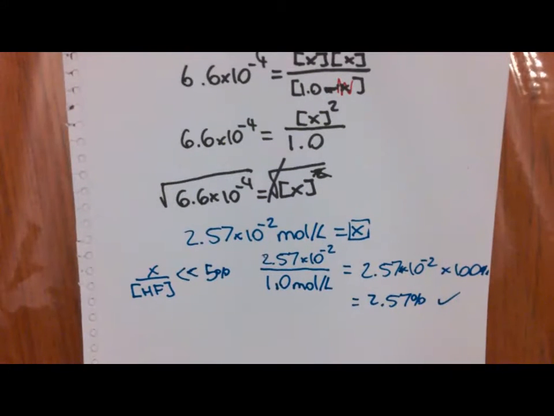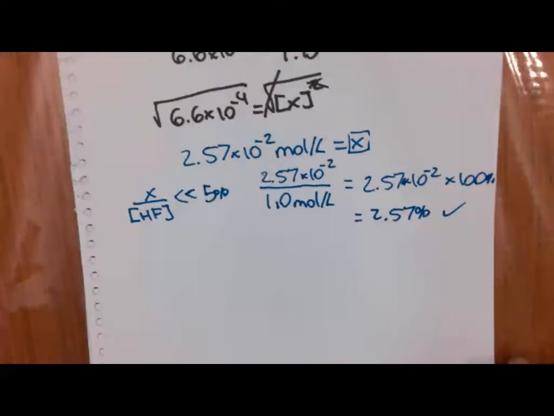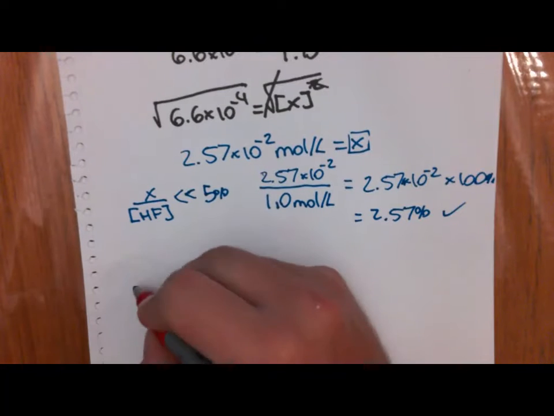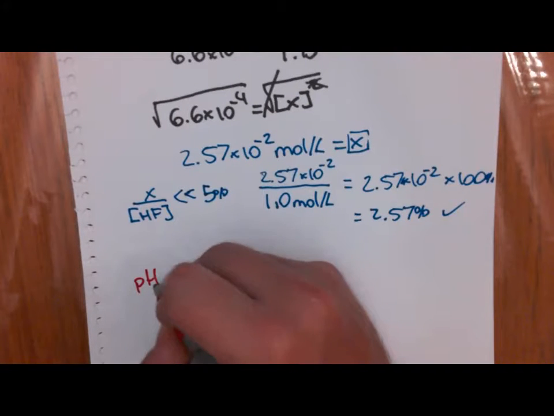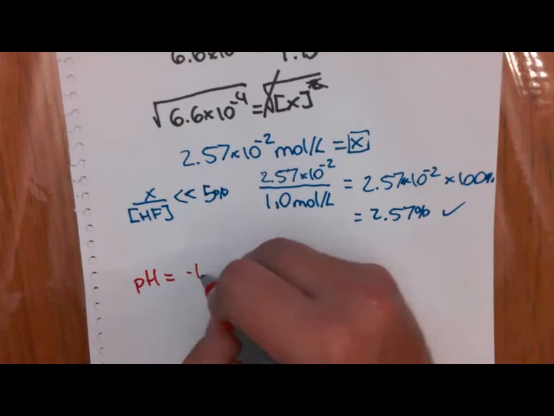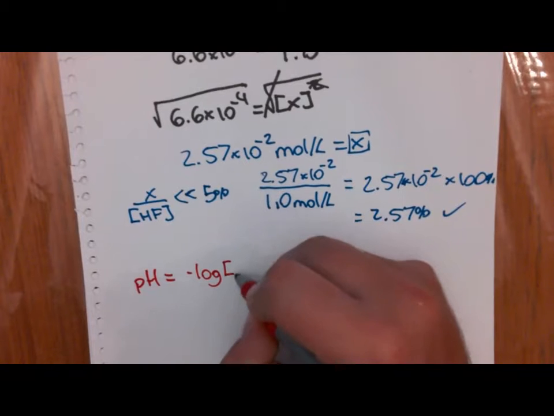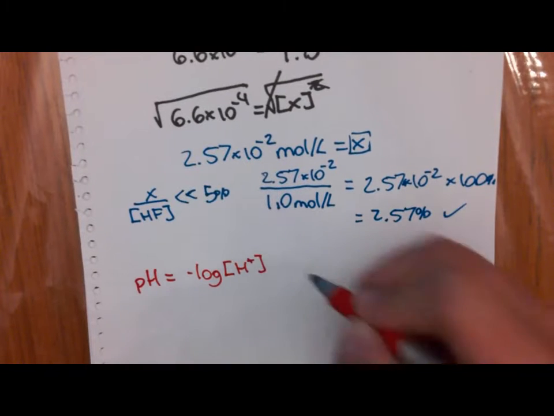So finally, once we have made that correct assumption, now we can actually solve for our pH, which was what it asked for at the very start of the problem. As we know, pH is equal to the negative log of the concentration of H plus ions.